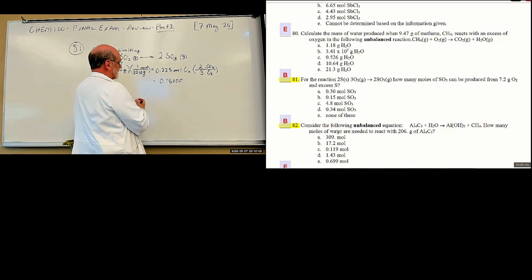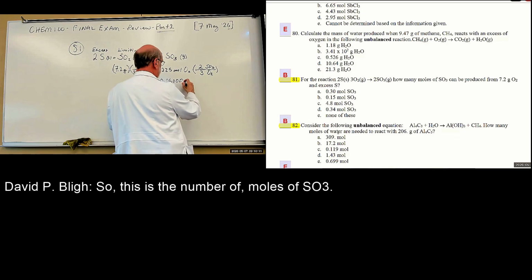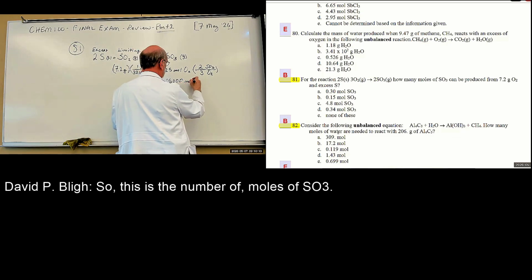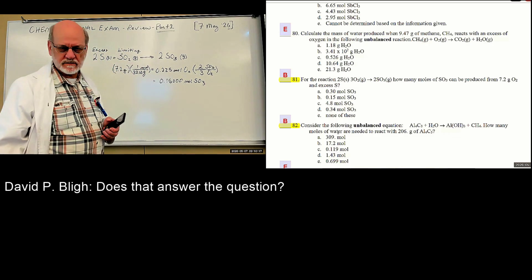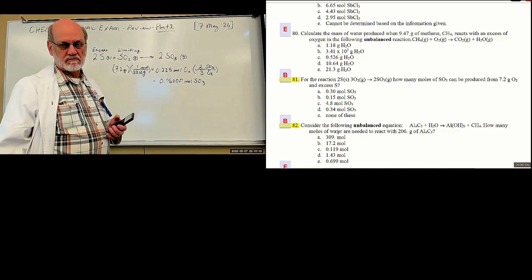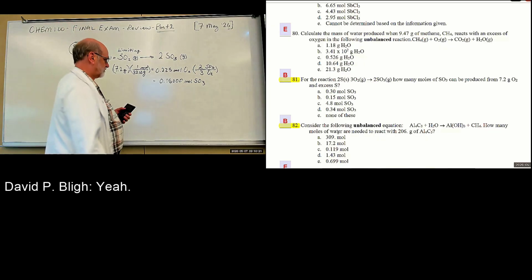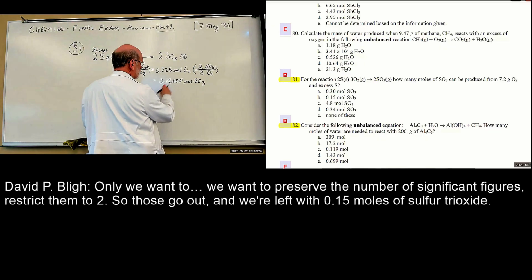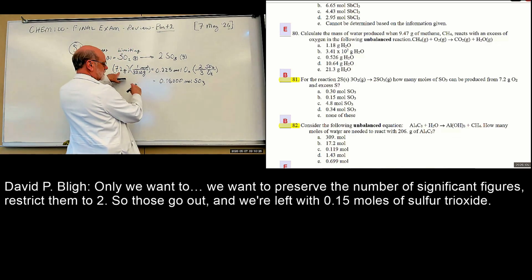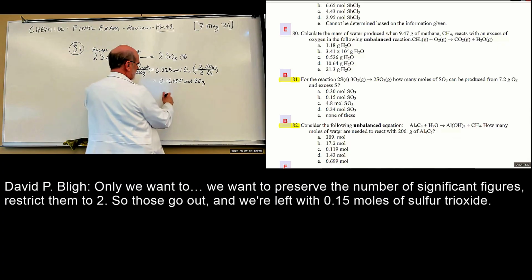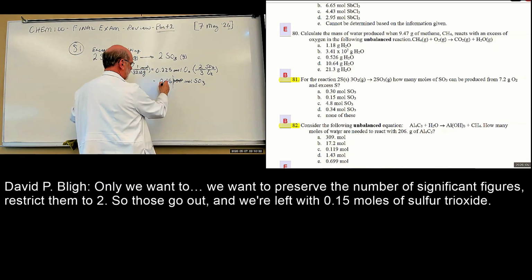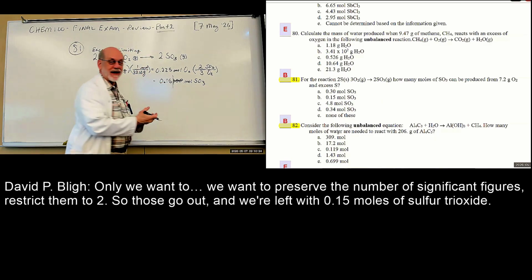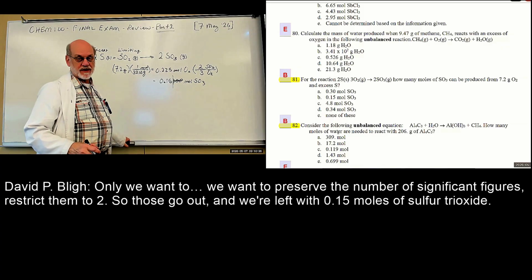So this is the number of moles of SO3. Does that answer the question? Yeah. Only we want to preserve the number of significant figures, restrict them to 2. So those go out and we're left with 0.15 moles of sulfur trioxide.